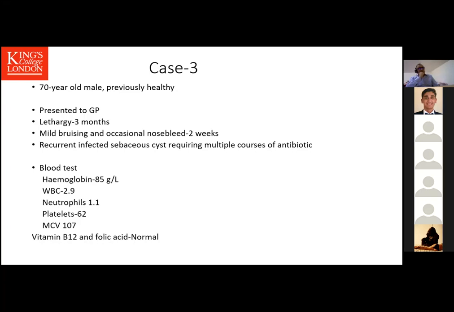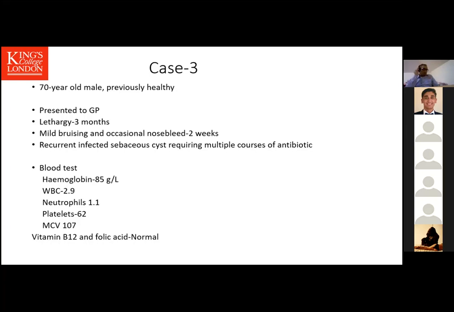And the blood test shows pancytopenia with low hemoglobin, white cells and neutrophils. And what is spectacular here is the mean cell volume. The MCV is high. So please note it down that this is important. And what I have written here, the vitamin B12 and folic acid are normal.